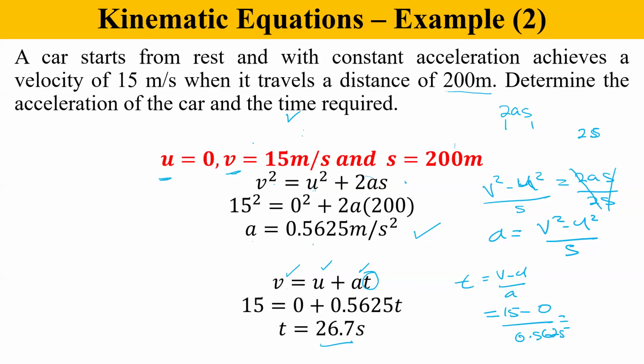But firstly, you have to recognize what is it that I want. So you list what you have and what you don't have. You could list them simply, just like we have them up here in red. So u is 0 meters per second, v is equal to 15 meters per second, and s, displacement, is equal to 200 meters.